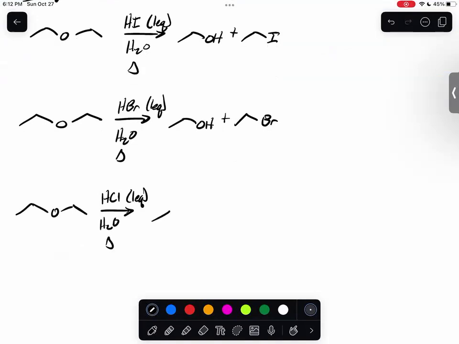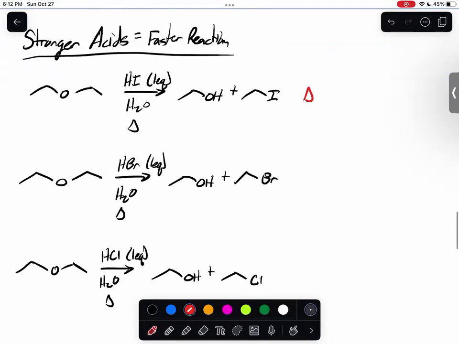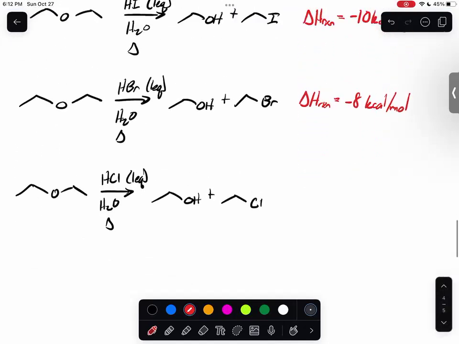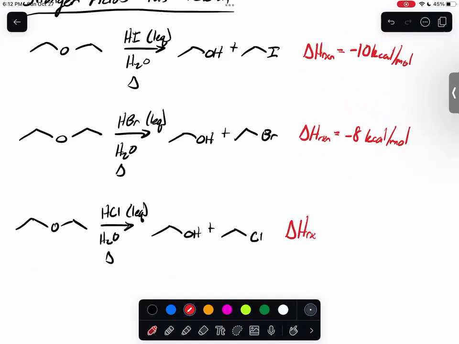And so what we end up with is a differential of the delta H's of reaction, where up top, the delta H reaction is negative 10 kilocalories per mole. For HBr, we already saw it is negative 8 kilocalories per mole. And funny enough, chlorine keeps the trend going, where it also differs by 2, where the delta H reaction is negative 6 kilocalories per mole.